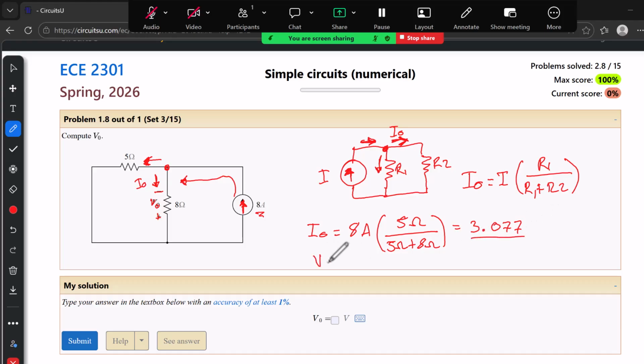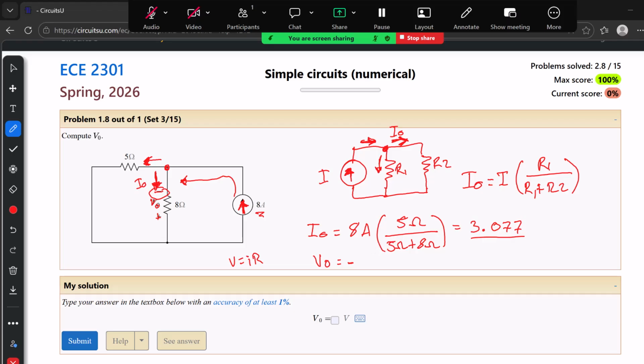Then to find the voltage is just simple Ohm's law. So V equals IR. However, because of the direction of this source, we know that the current here is going down. So in our case, the current enters the negative terminal. By the passive sign convention, whenever the current enters a negative terminal, the power is negative, or the product of voltage times current. So we will put a negative sign in front so that we know that the polarity is reversed because of the passive sign convention.